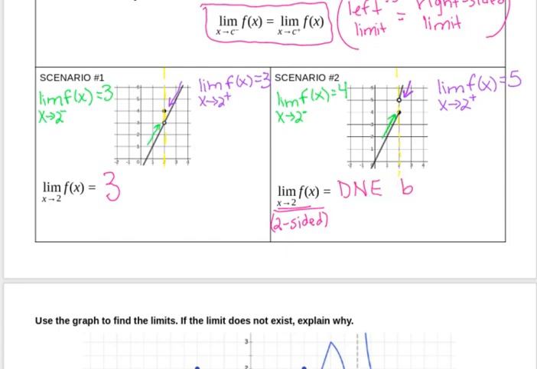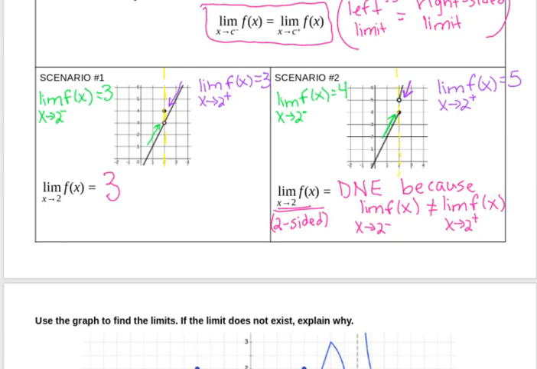And the reason for that is because the limit of f of x as x approaches 2 from the left is not equal to the limit of f of x as x approaches 2 from the right. So when we looked at the green portion, it was 4. The purple portion was 5. Because those are not the same, the overall limit does not exist.